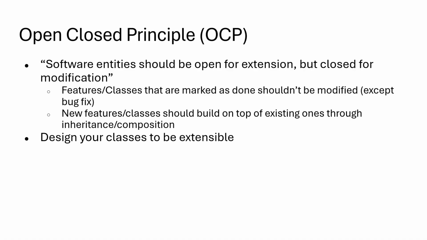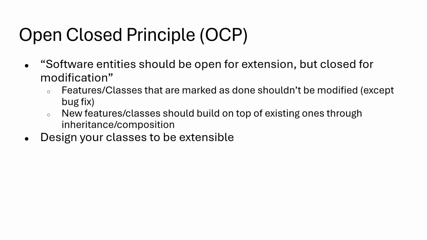So how do you add new features to this? How do you add new stuff to your game if you can't modify your code? Basically, what you want to do is add them in new classes as new features that build on top of the existing ones, through either inheritance or composition.